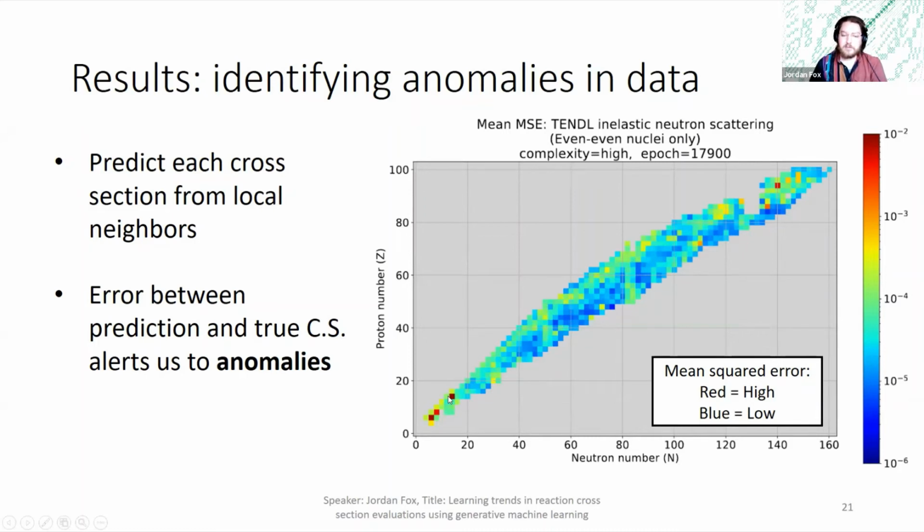The other thing that this could be is data that's been finely tuned, and that's the reason why it doesn't match the trends that the system has learned. For instance, this in the upper right corner, this red spot, I'm almost positive that's uranium-234. So that's an important cross section, and it's been finely tuned by people working with it, and it just has a higher priority than a lot of these other nuclei just because of application.